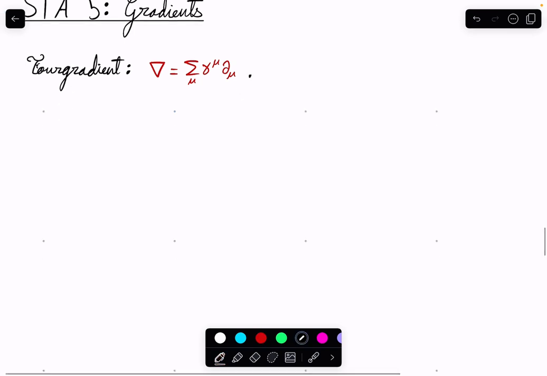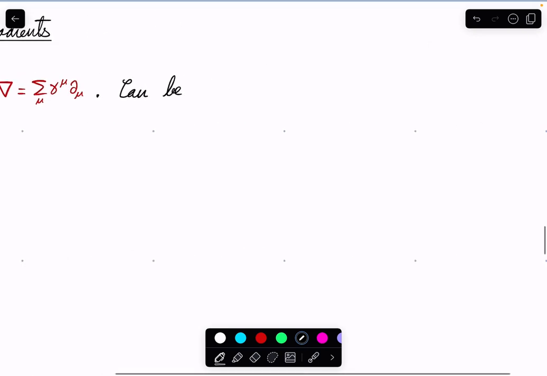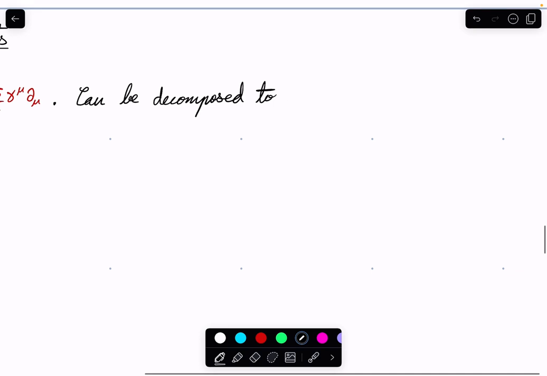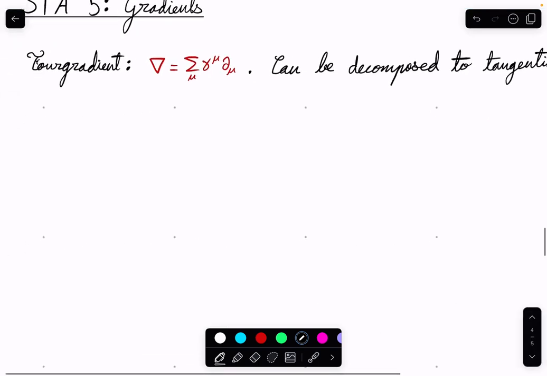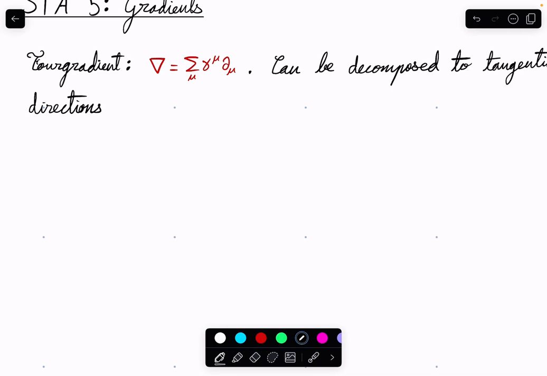And this can be decomposed to tangential and orthogonal directions along any multivector M in the STA.